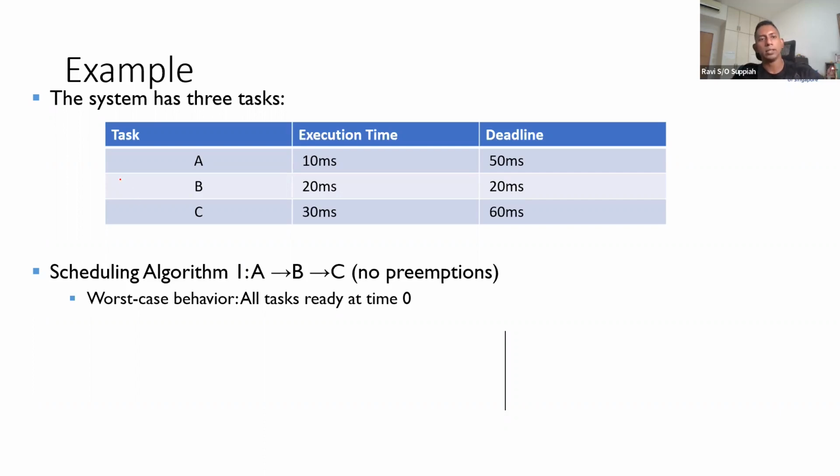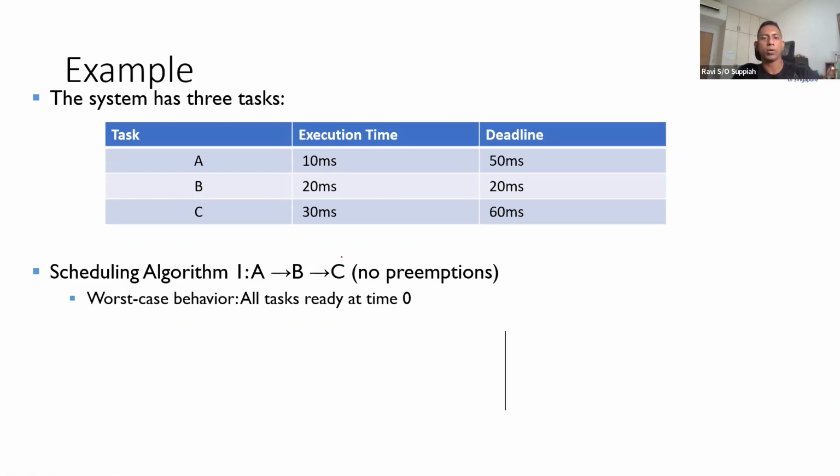So let's look at these 3 tasks A, B, and C. We have 3 tasks with 3 different execution times and 3 different deadlines, and we want to look at how we can schedule these 3 tasks.